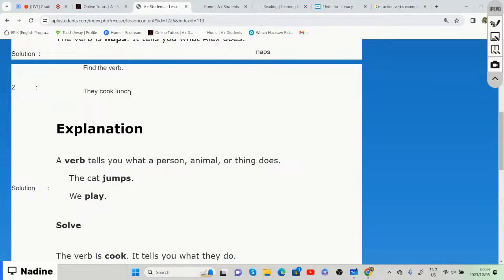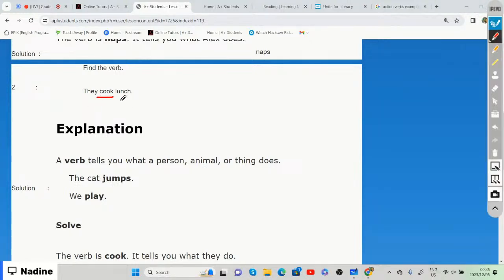If we were to identify the action within that sentence, we can then say cook. So cook is something that they did, right? They cook lunch. And cook is our action verb.